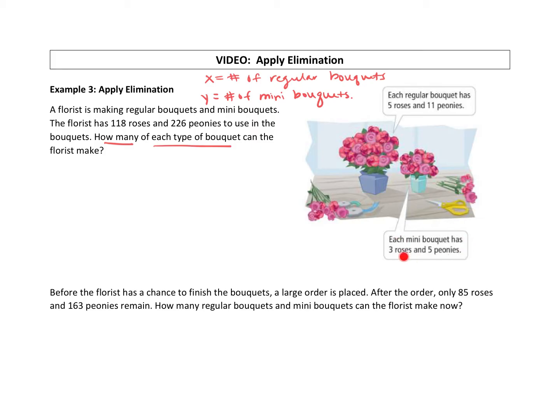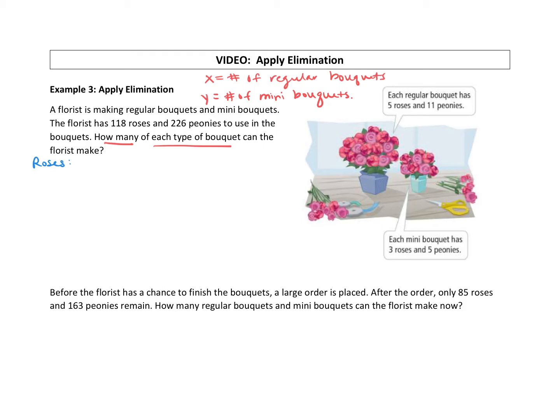Each mini bouquet is made of 3 roses and 5 peonies. We're trying to figure out how many of each type of bouquet we can make. But then in the problem, it says the florist has 118 roses and 226 peonies. So those are the total numbers. We're going to write one equation for the roses and one equation for the peonies. So let's write an equation for the roses.